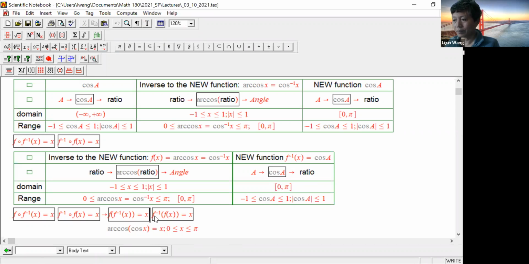The next one. Okay. So this is one, and there's another one. Cosine. Okay, because the cosine of arc cosine x is going to equal x, but this x has to be from here.